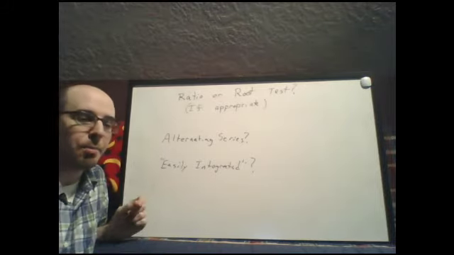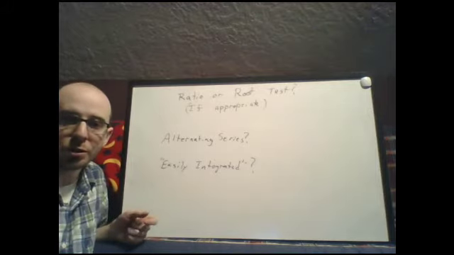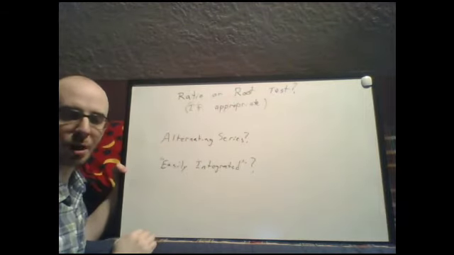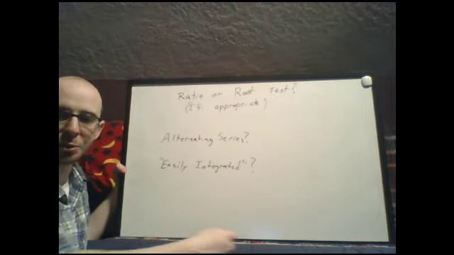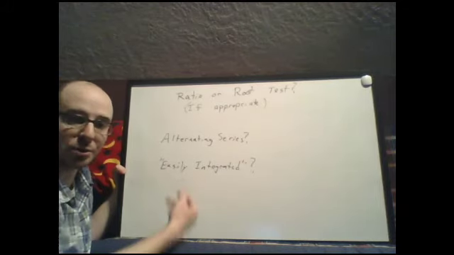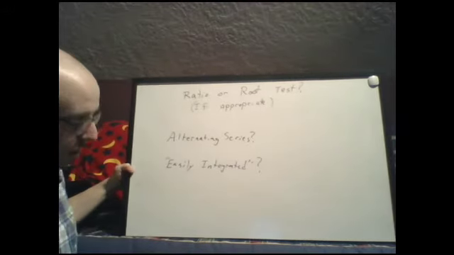Like I said, problems I give you, I will narrow it down to just one or two of these. Like I tell you, use either the ratio test or the root test on this problem, or use a comparison or limit comparison on this problem. Use the integral test on the problem. Use the alternating series test, and so on.